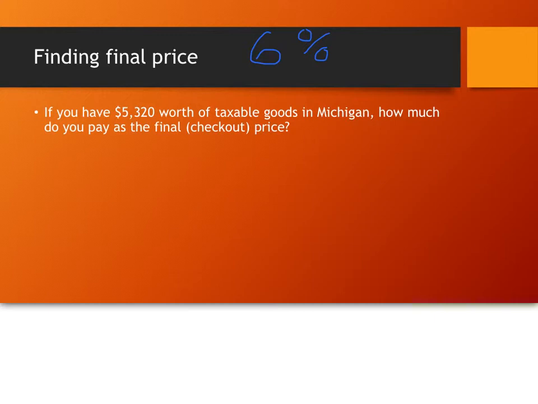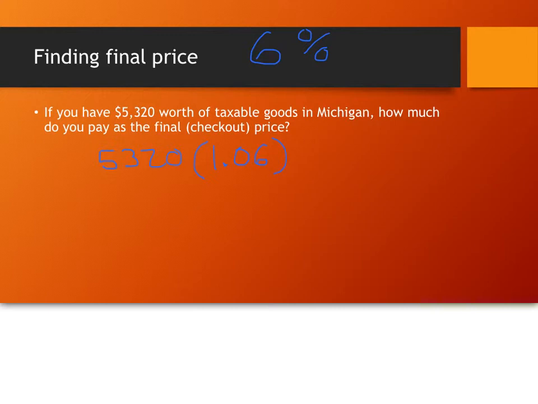So hopefully you pushed pause, and again, I'm going to do this in a 1-step system. So we're going to take the $5,320 worth of taxable goods, and I say my final checkout price is going to be 106%, 1.06, of that amount.